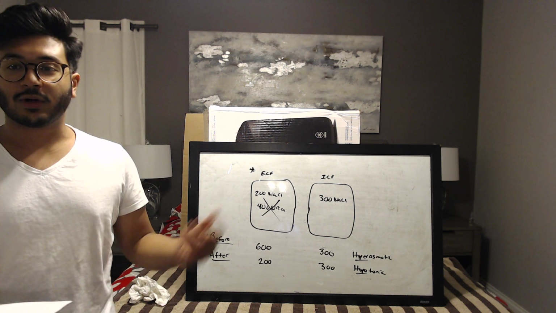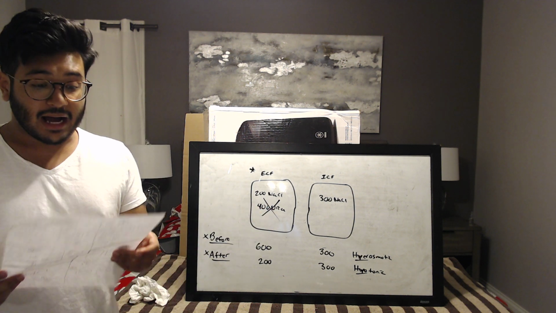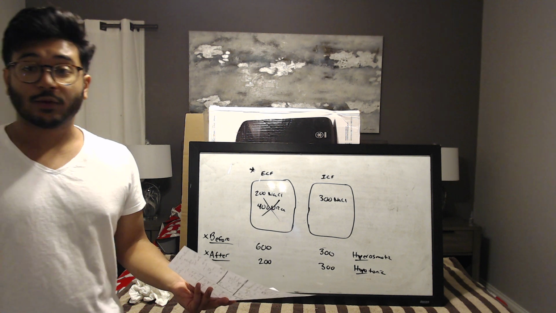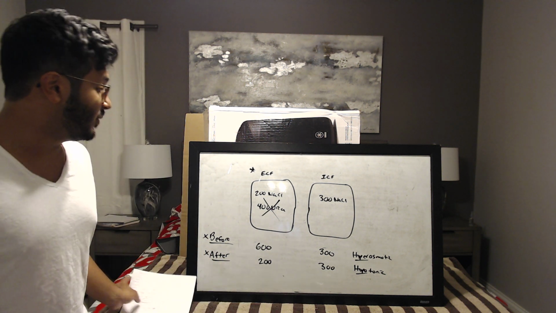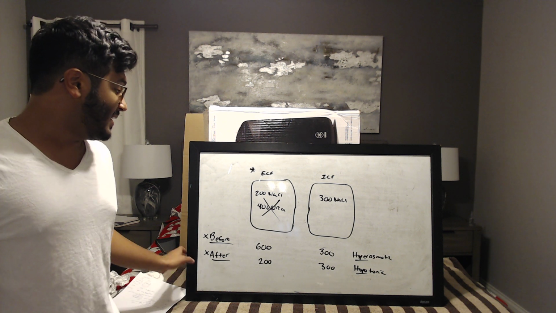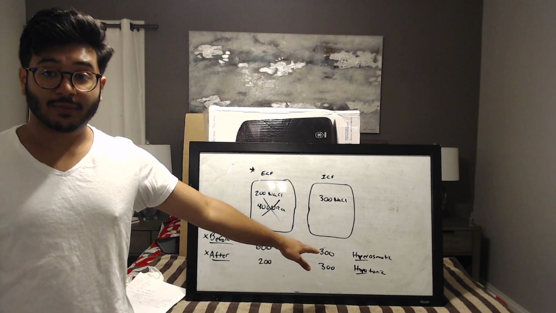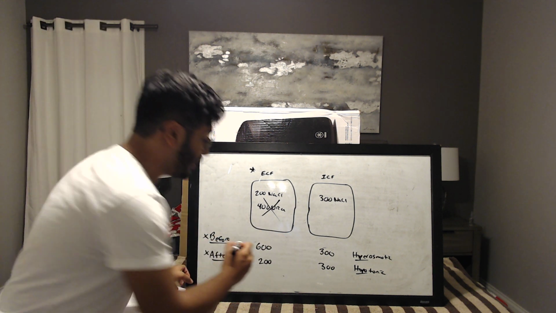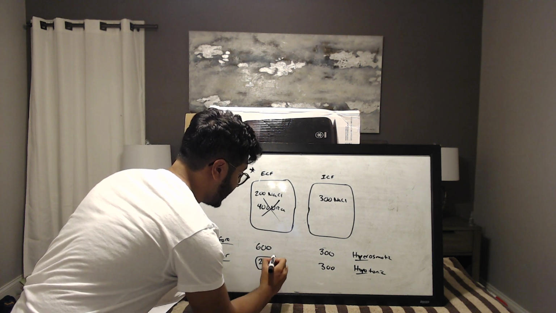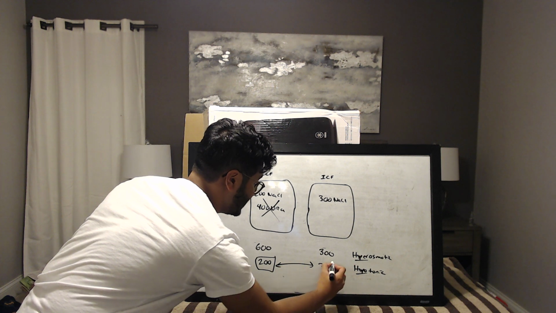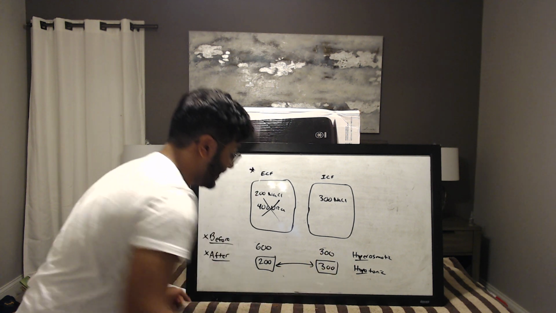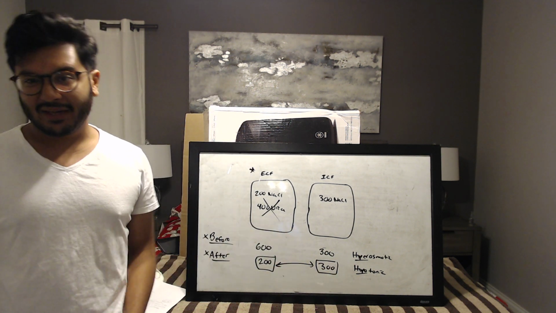So what's the relevance of that? Why did I just do that? Because now you have to say, where's the water going to move, right? Because beforehand, you had 600, which was hyperosmotic on the outside, but then afterwards you had 200 on the outside compared to 300 on the inside, which made it hypotonic.